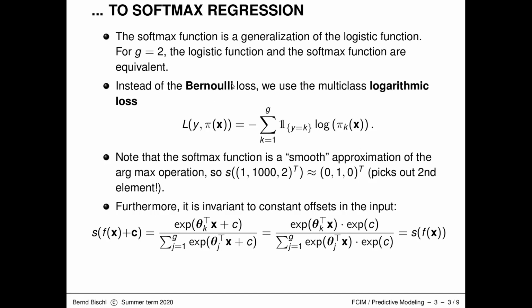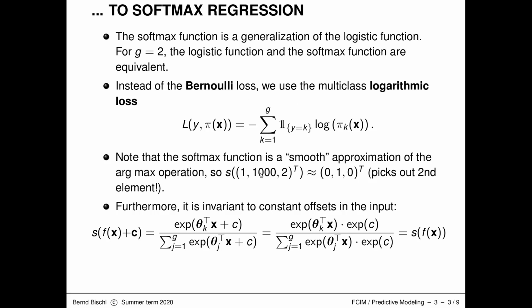There's another comment I should make for the softmax function: where does the name softmax come from? It sounds like a soft approximation of the max function, and that's actually not completely true. It's actually a soft approximation of the argmax function.